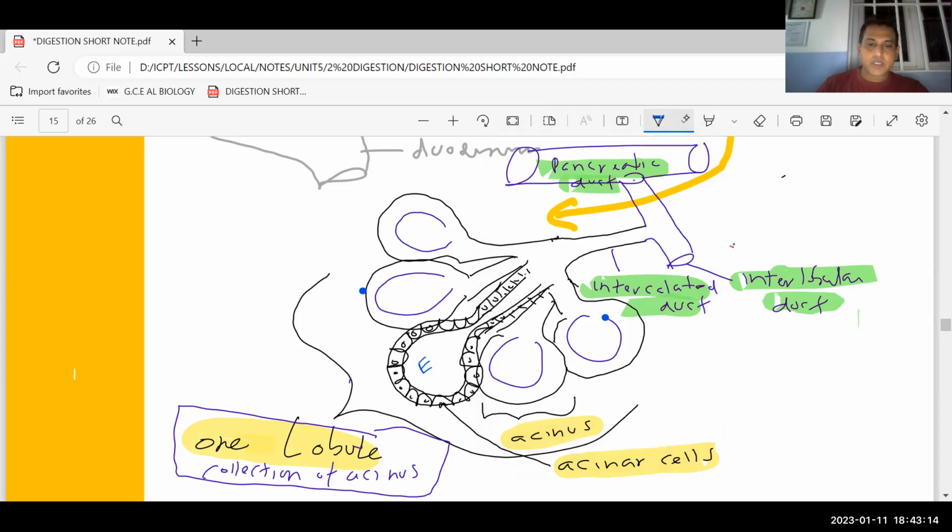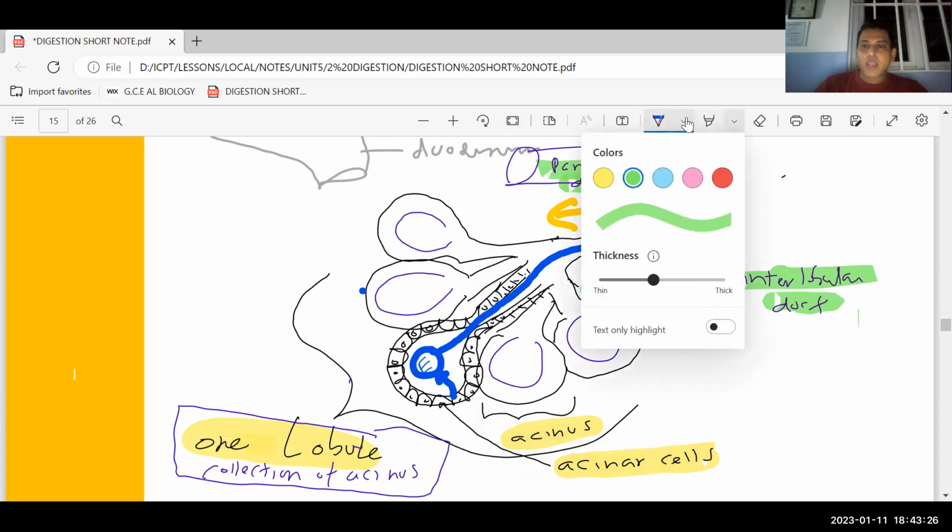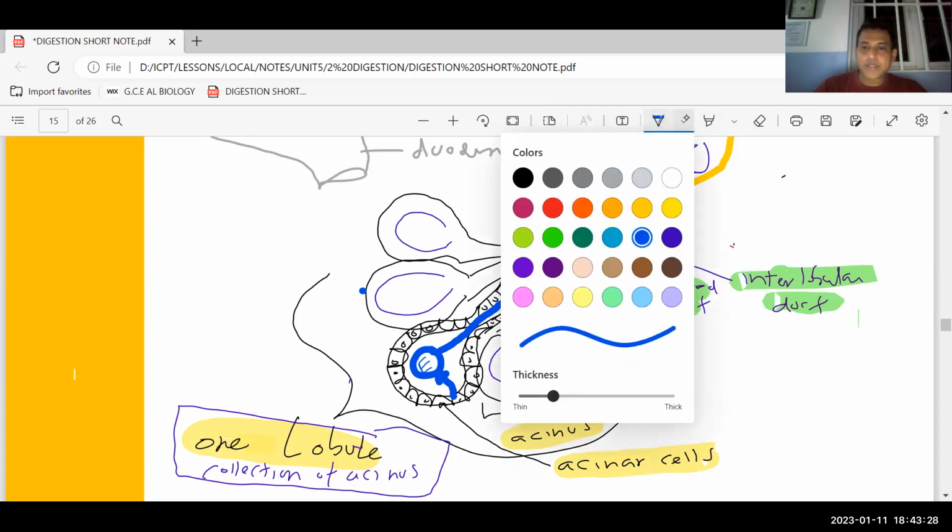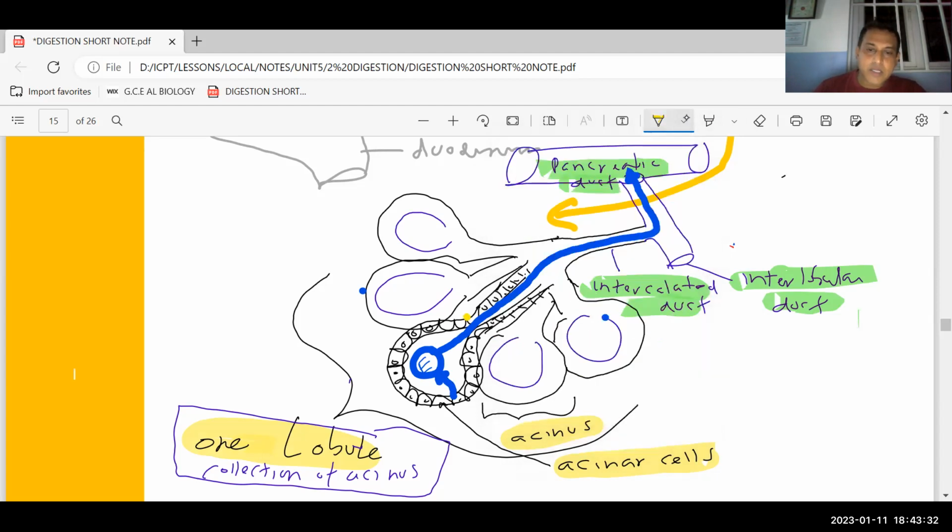Okay. So enzymes secreted from these cells can move in this direction to the pancreatic duct and to the duodenum. And you can also notice this area.